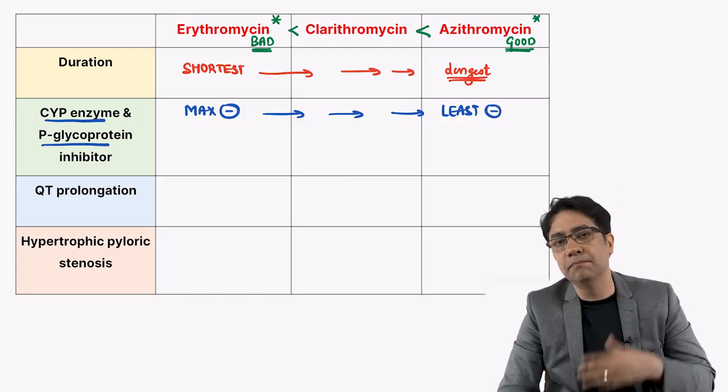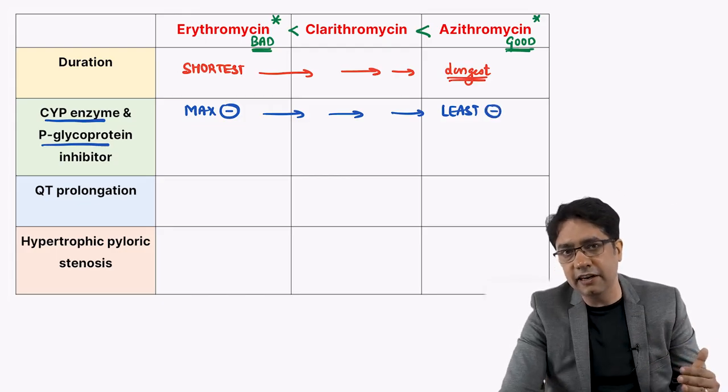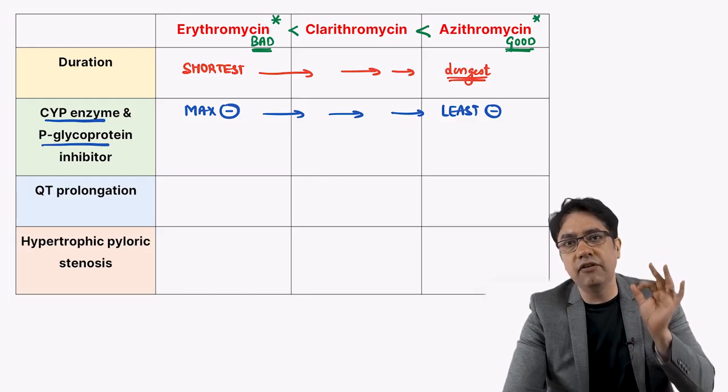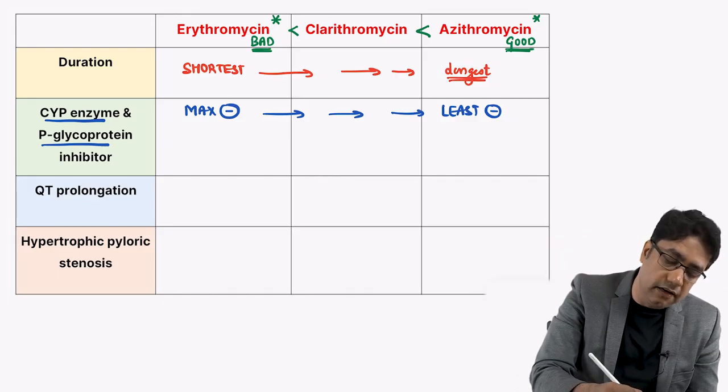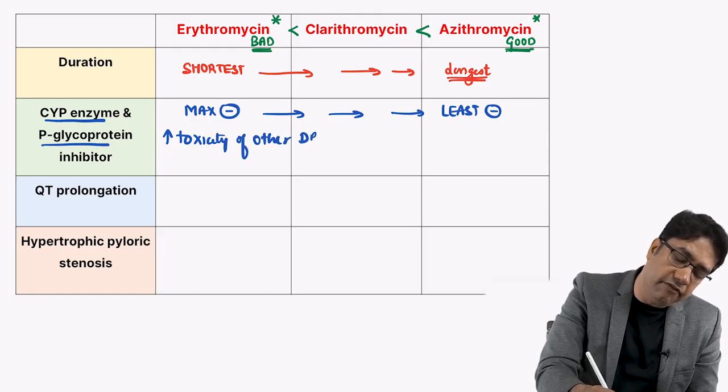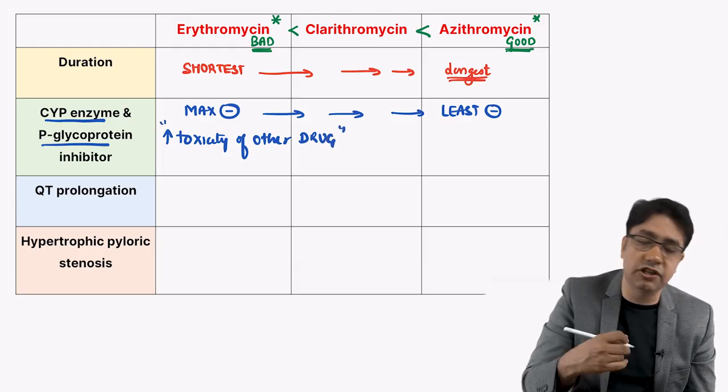The importance is that many drugs are degraded and removed out of the body by CYP enzymes. Don't you think if we combine erythromycin with another drug, it will increase the toxicity of the other drug? So which drug will have maximum drug interaction?